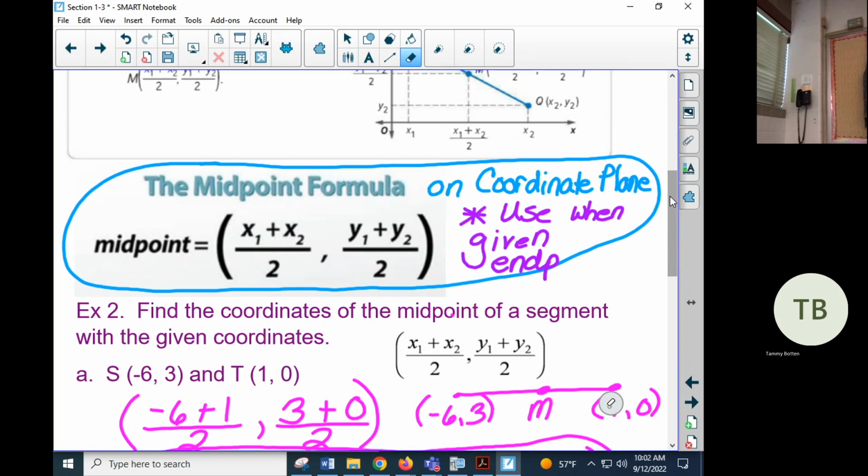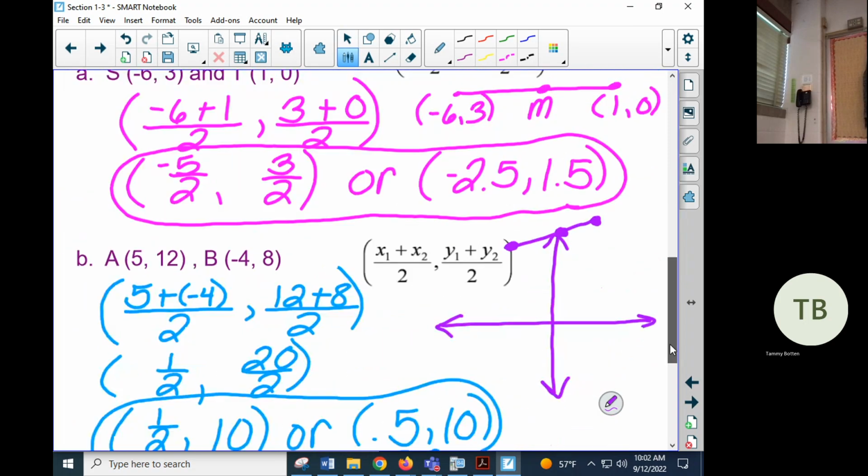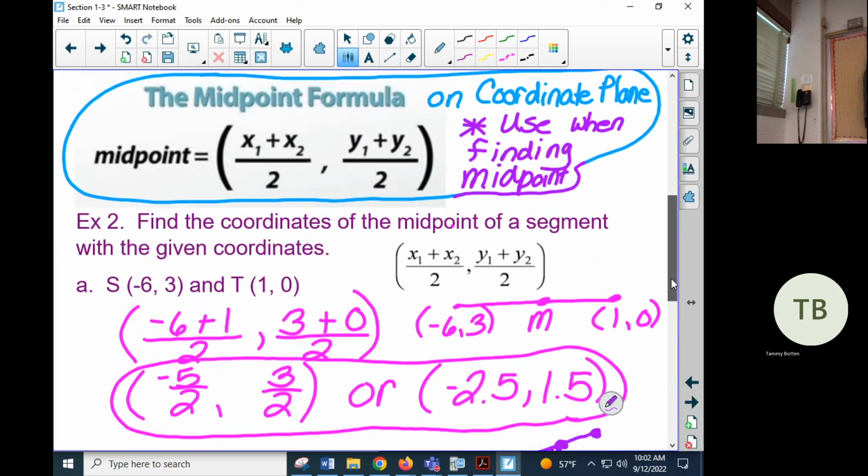Or maybe I should say, used when finding the midpoint. That would be easier. Used when finding midpoint. And then the shortcut way we use when we're looking for an endpoint.